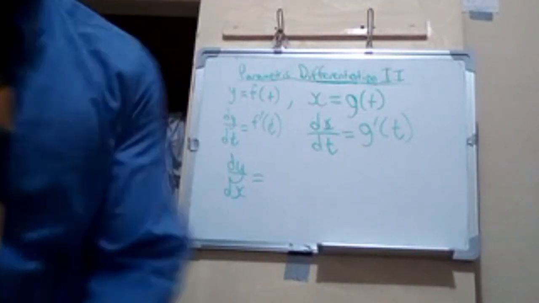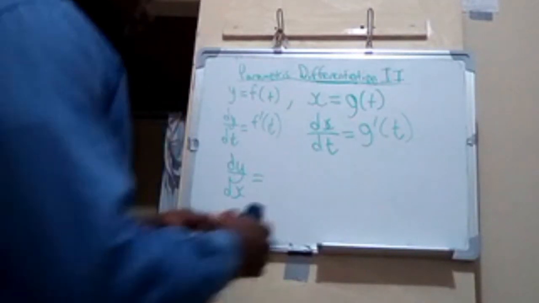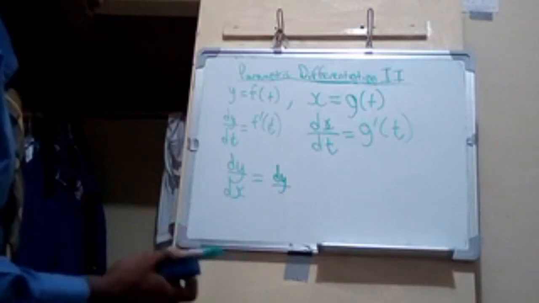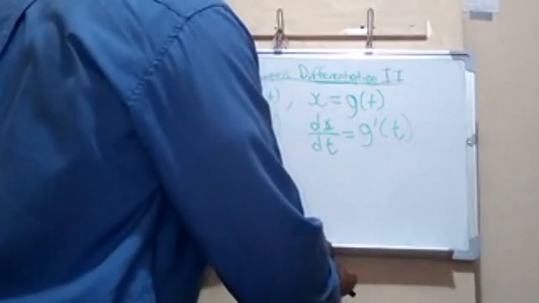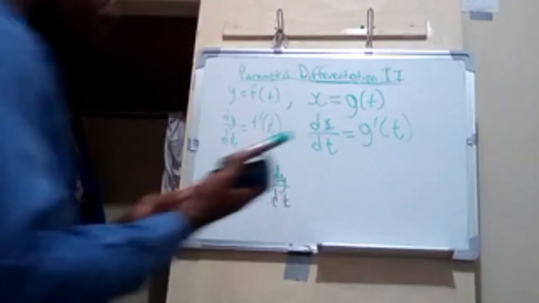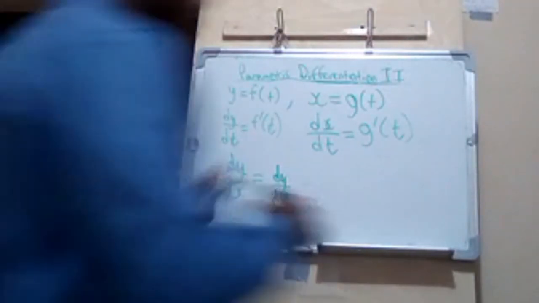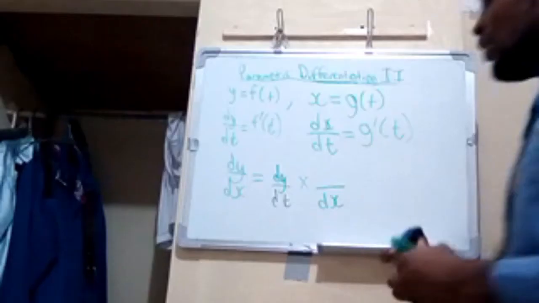And so for the chain rule, what we get is dy by something, that something is t, dy by dt, times something by dx. Now that something is going to be dt.